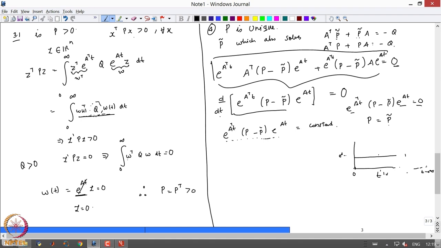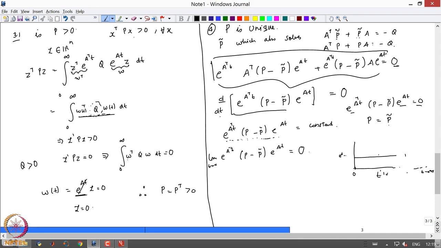So if this holds at infinity, what happens to this quantity, e power A transpose t (P minus P tilde) e power A t, as t goes to infinity? Because A is exponentially stable, which is what I have been exploiting all the while, this will be 0.